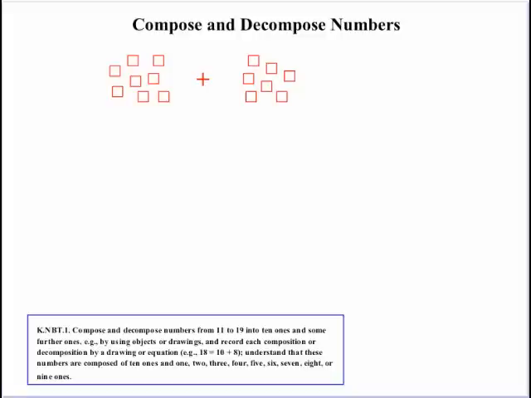Now let's say we had this type of scenario where instead of having the items all together in one group at the beginning, we had something like this, which would be 8 ones and 7 ones, which is 15 ones. But this is a pretty tough addition fact for some students. So look what really happens if the students take this standard and apply it to this slightly different scenario.